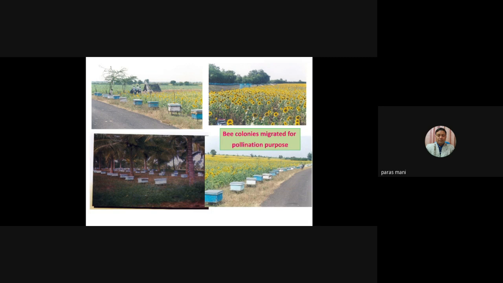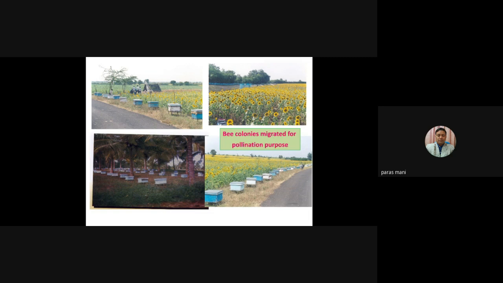But in Indian conditions, farmers are not much aware of this activity of bees, and that the yield is increased due to bee activity. These are not much known by the farmers. Only the educated farmers or innovative farmers know these things.